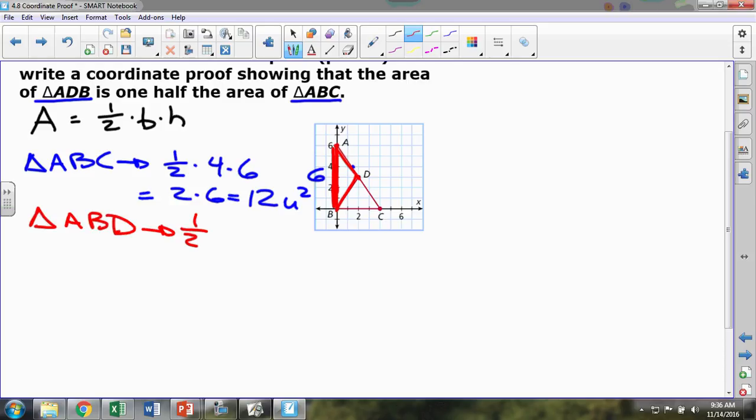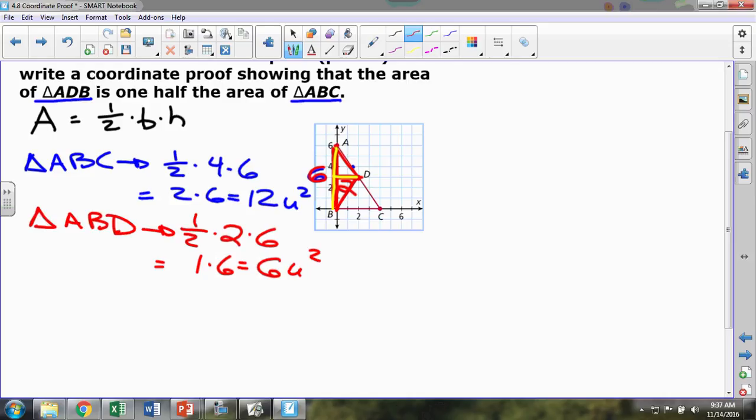We could recognize these two components here. We could recognize that this is a 6, and that's 2, right along here, 6 and 2. So we would have 1/2 base times height, which tells us 1 times 6 gives us an area of 6 square units.